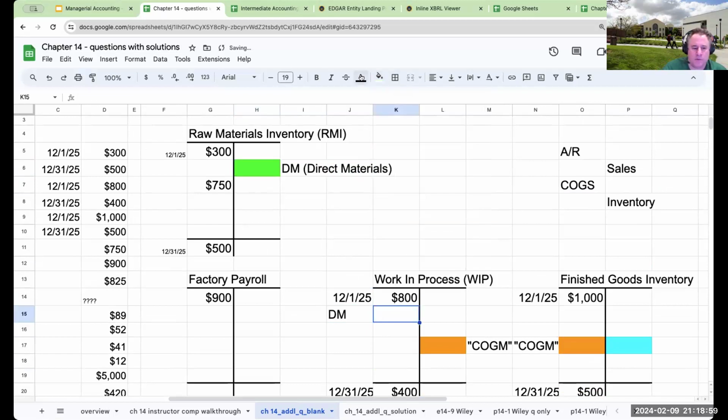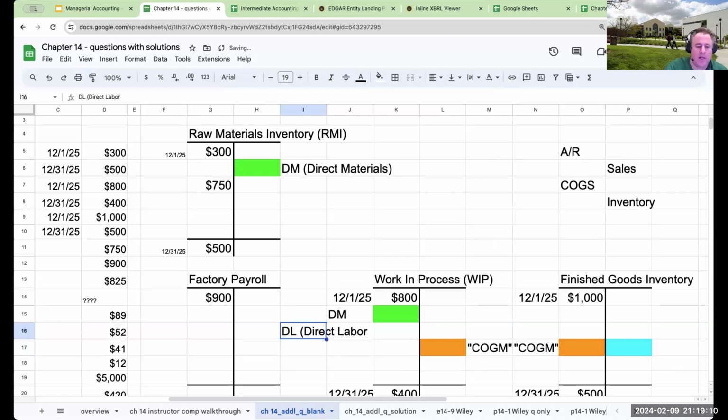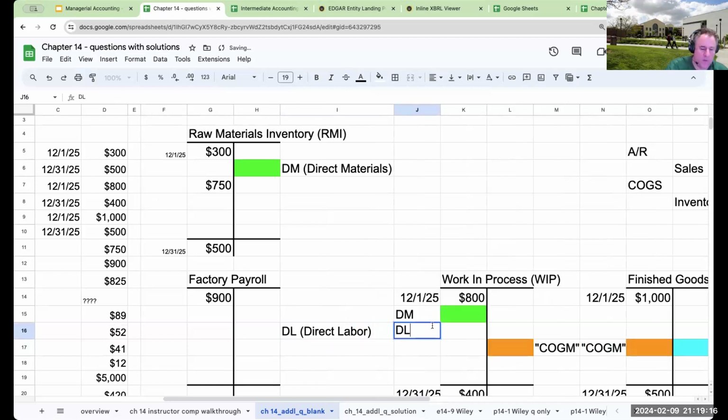And similarly, with factory payroll, we have DL. This is direct labor. And in our case right over here, when we have our direct labor, we know that this balance is going to be 825. Okay. So this is going to be 825 right over here.